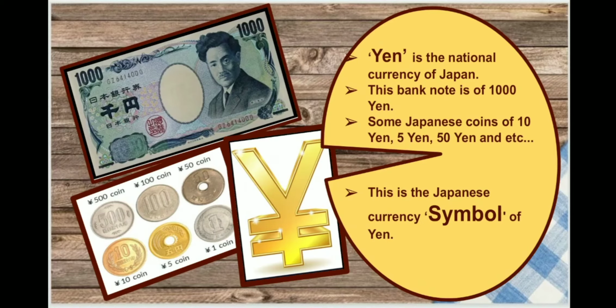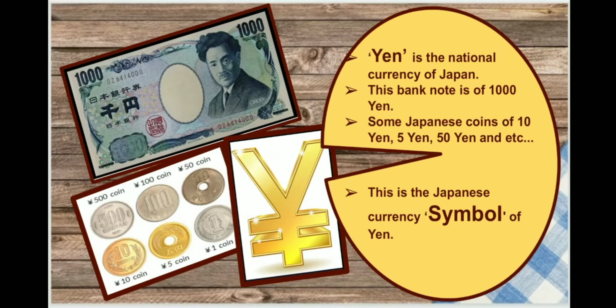Then about the currency of Japan is known as yen. Value of this paper currency of Japan is 1000 yen, and value of the coin currency of Japan is 6 coins are there: 500 coin, 100 coin, 50 coin, 10 coin, 5 coin, 1 coin.